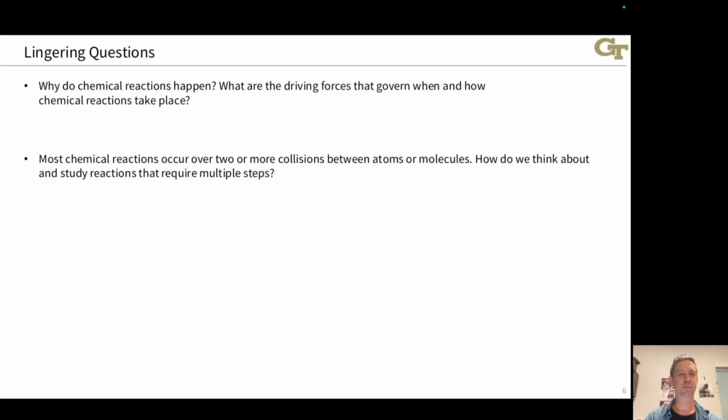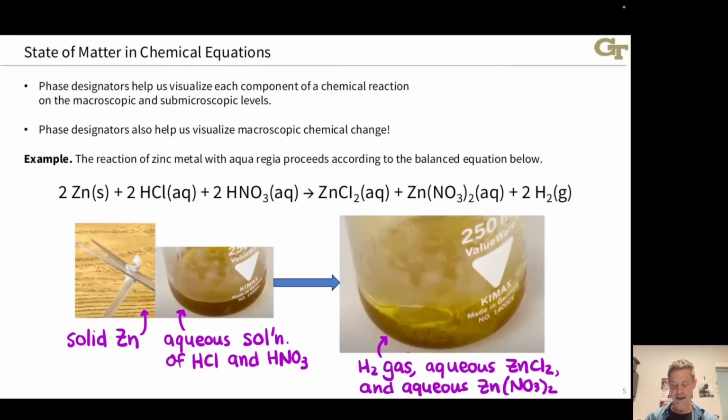The first is simply, why do chemical reactions take place? We've talked a lot about chemical change in this module. We've written a few chemical equations. One thing we have not talked about is whether nature wants to do this or not. It's very clear when we actually mix the substances that this reaction in particular just goes.